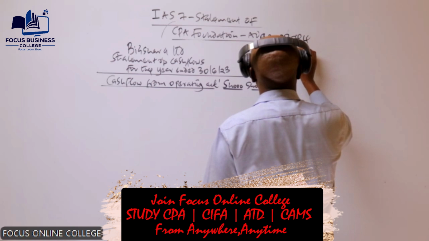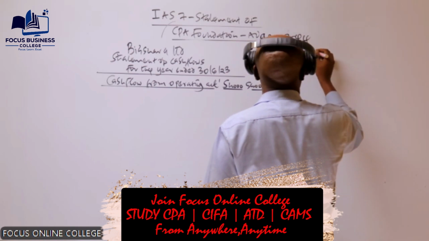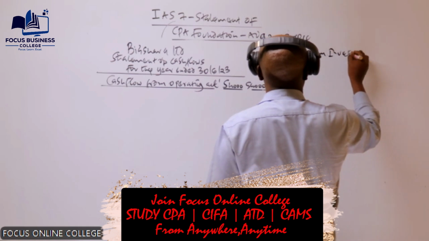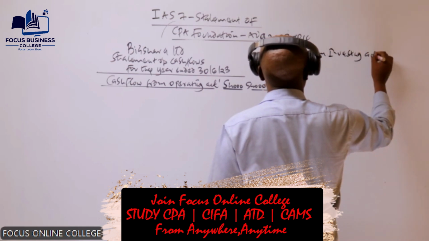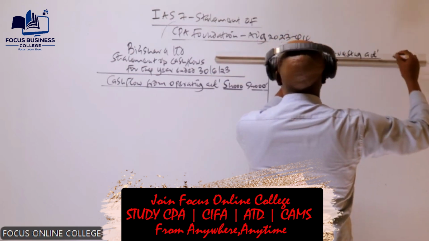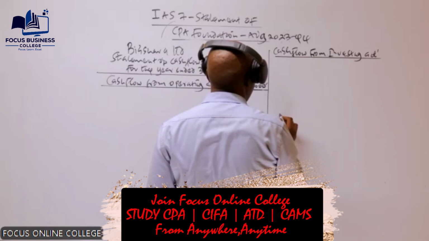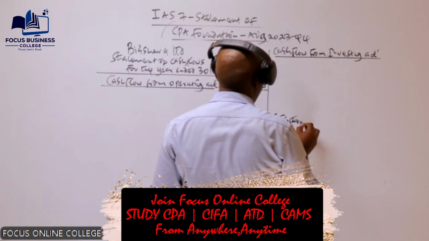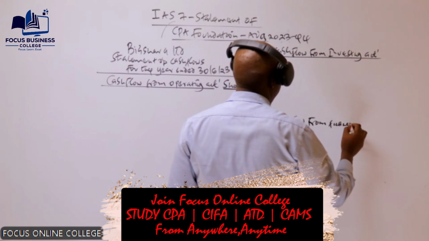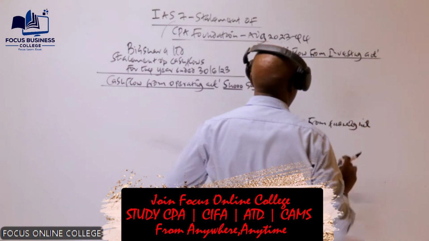Then we have the other subheading for computing the cash flow from investing activities. I hope you can recall investing activities: these are the activities involving acquiring and disposing assets. Then we have the other subheading for determining the cash flow from financing activities.